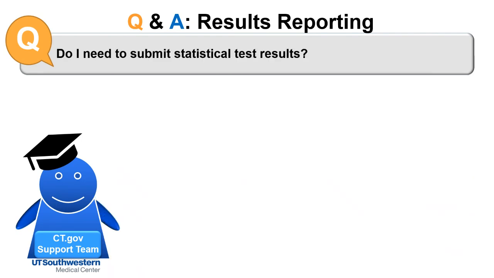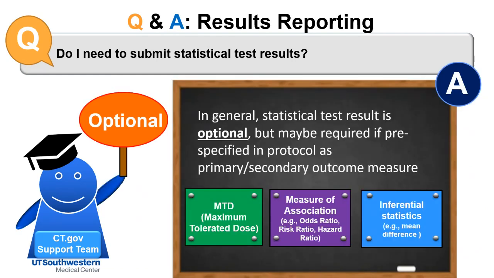Next question is, do I need to submit statistical test results? So the answer is, it is optional for the most part. Statistical results may be required if pre-specified in the protocol as primary or secondary outcome measures. Typical examples include MTD, that is maximum tolerated dose for phase 1 trials, and measures of association such as odds ratio, risk ratio, hazards ratio, and inferential statistics such as mean difference.